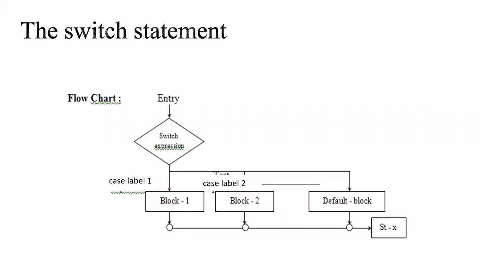From the decision box, we can label the outputs: case label 1, which will execute the block of statements indicated down, and another line for the block of statements to be executed for case label 2, and likewise as many case labels as we have.